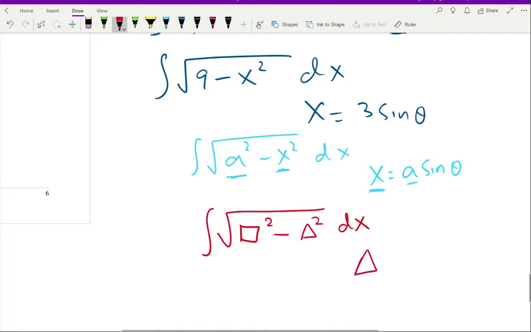Well, triangle is equal to a sine theta. That's what I'm trying to get at. Let's say this is a. Then it makes our life easy. That's what I meant by placeholder. Here you have triangle square, so triangle is equal to a sine theta. Here the placeholder is x, and there the placeholder is triangle.